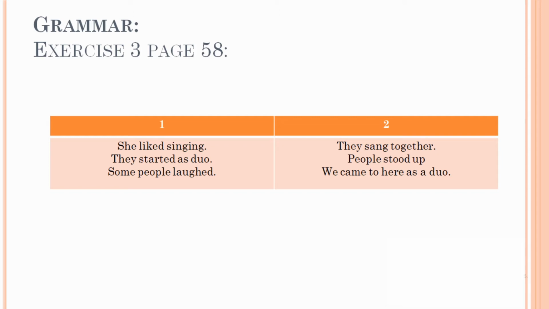We have: she liked singing, they started as a duo, some people laughed. On the first sentence we have liked. Liked is the past simple of the verb to like. The second one, they started as a duo. Started is the past simple of the verb to start.